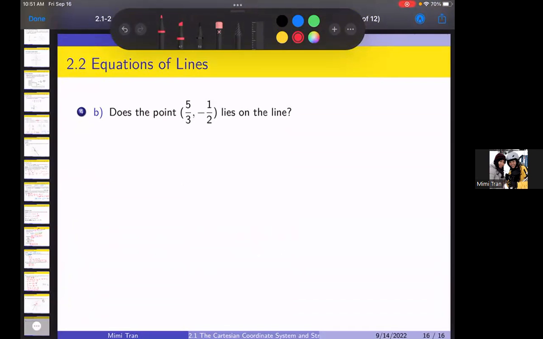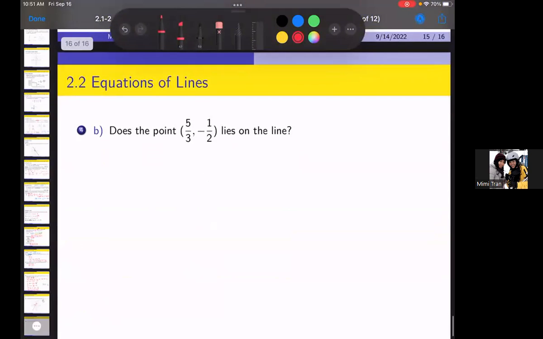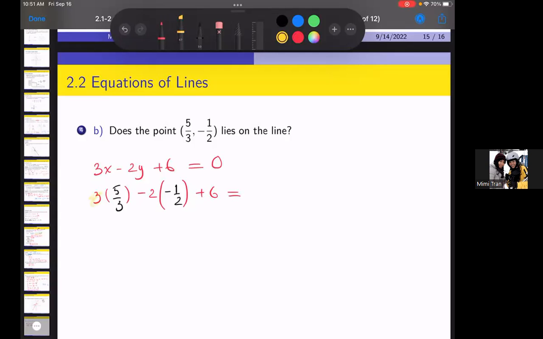Okay, all right. So my original is 3x minus 2y plus 6 equals 0. I'm gonna plug it in. Minus 2 times y, which is negative half, plus 6. Okay, that cancels.